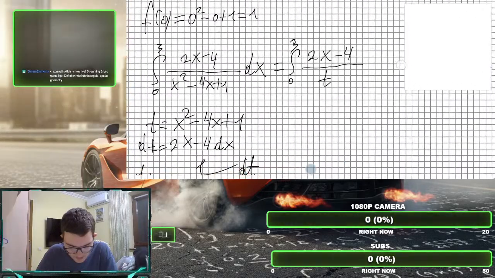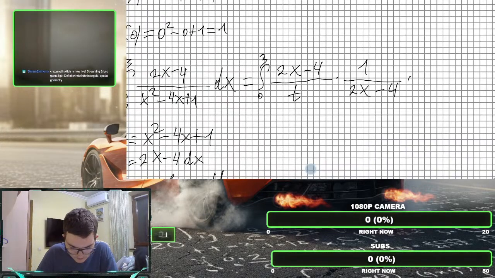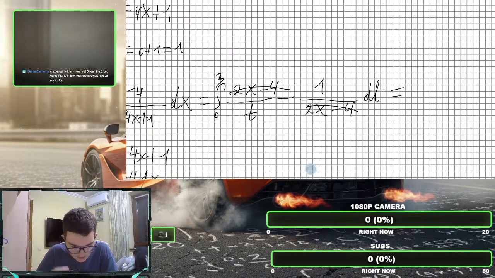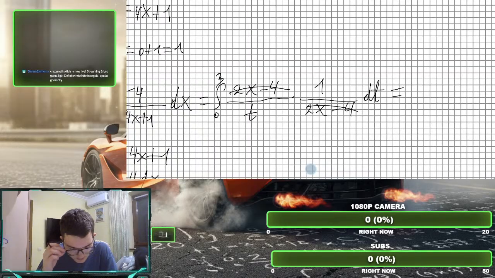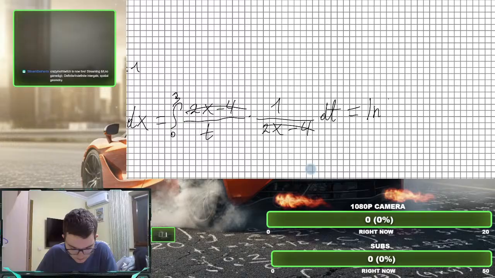Now instead of dx I write what I have there, so times 1 divided by 2x minus 4 dt. And yeah, I can simplify this whole expression, and so I'll get just 1 divided by t. And that's essentially just ln of t, and I have to input these values now.